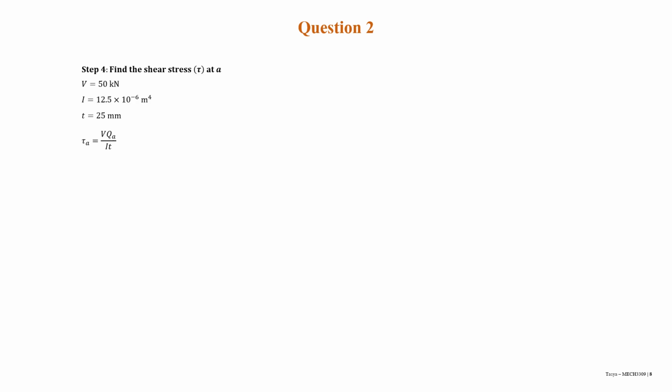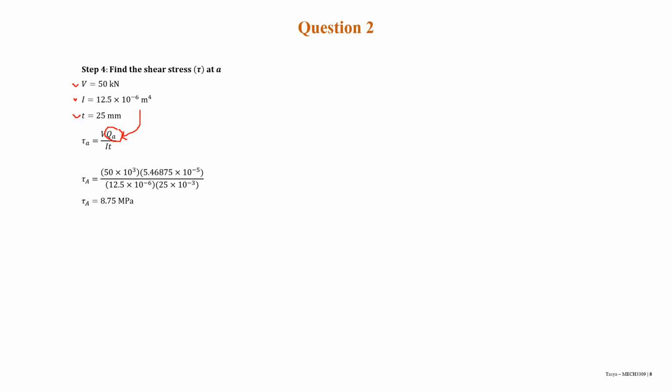Now, finally we have to find the shear stress at A. First we need to put the known values, the V, the I, and T, and then we obtain the value of shear stress at A by putting them into this formula. Actually, for point B and A, V, I, and T will be the same. The difference is only at the Q, obtained from the previous step.